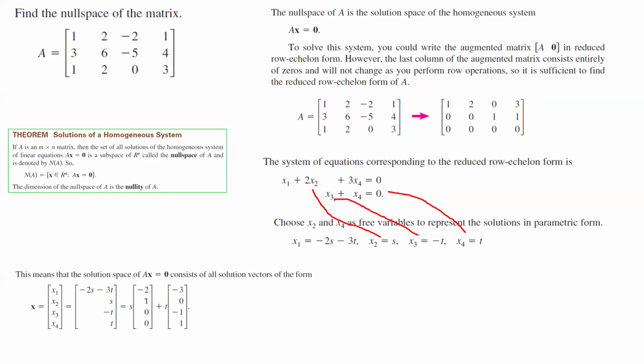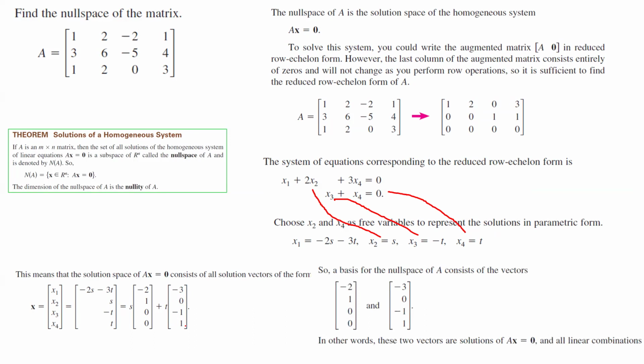S times (-2, 1, 0, 0), plus t times (-3, 0, -1, 1). What's the meaning of that? It means that a basis for the null space of matrix A consists of two vectors, the very first vector and the second vector. In other words, these two vectors are solutions of AX equal to 0 and all linear combinations.